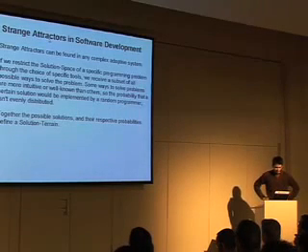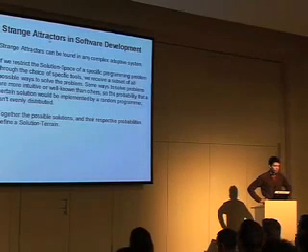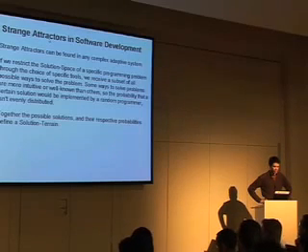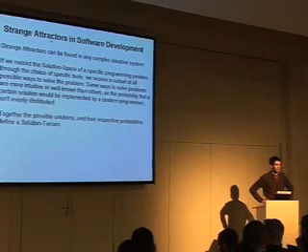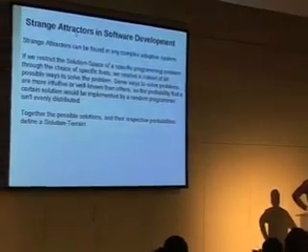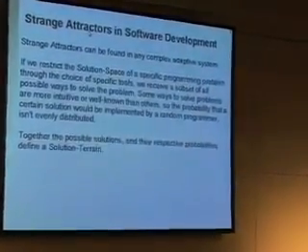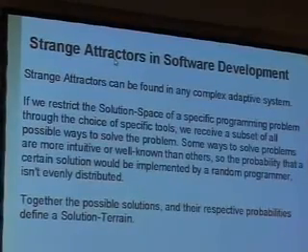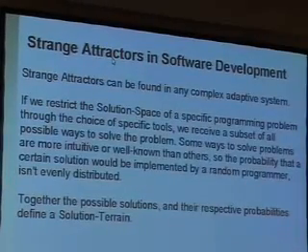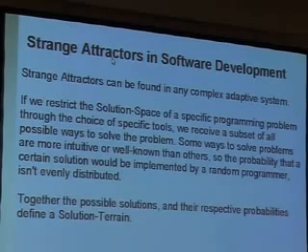Well, if you read a little more about complex systems, you find out strange attractors are an inherent property of complex adaptive systems, which means self-organizing systems and self-creating networks and all that fancy stuff that has come up in recent decades. The way I see it in software development, we're dealing with a complex problem.